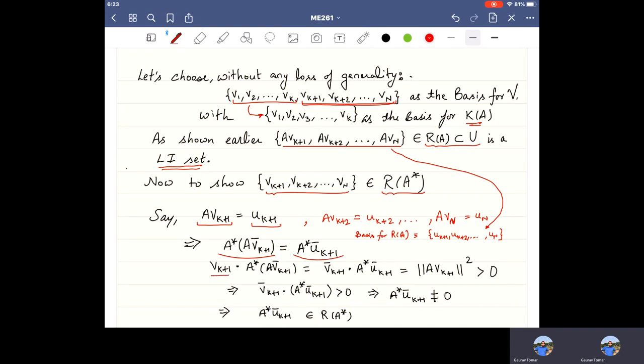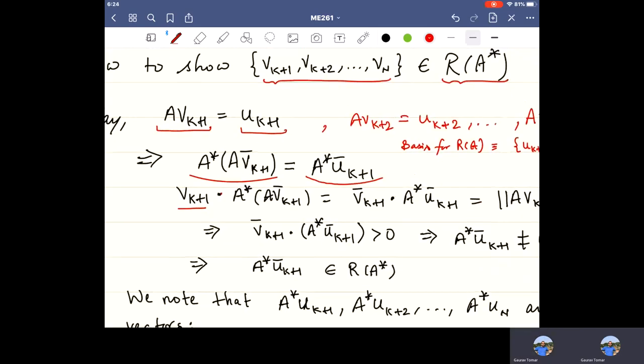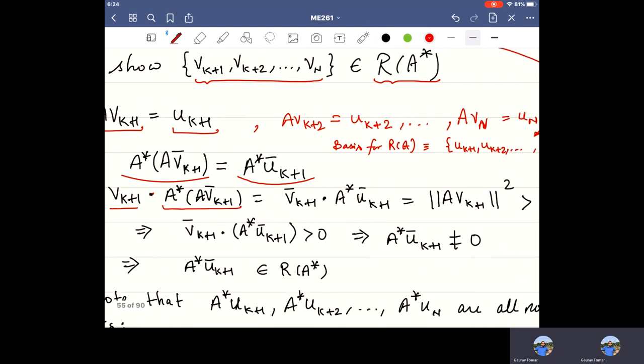We get v_{k+1} dot A star of A v_{k+1}. And that will be v_{k+1} dot A star u_{k+1}. And that is nothing but, we can just take it this side. We'll get this as the norm square of A v_{k+1}.